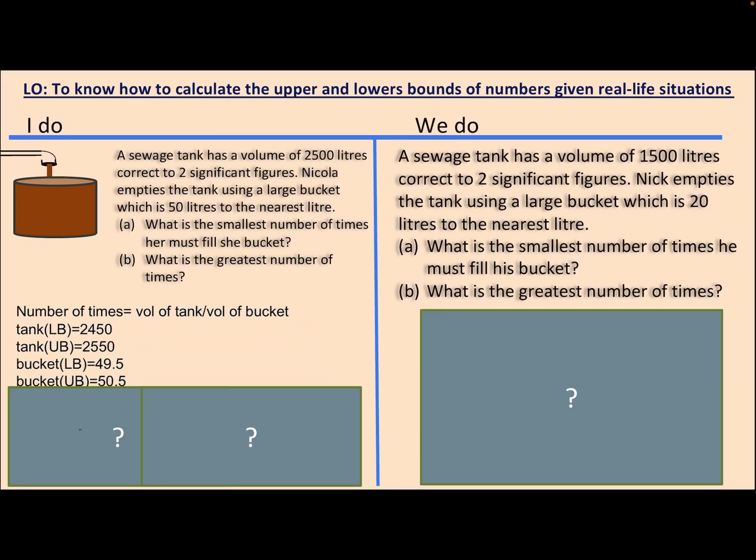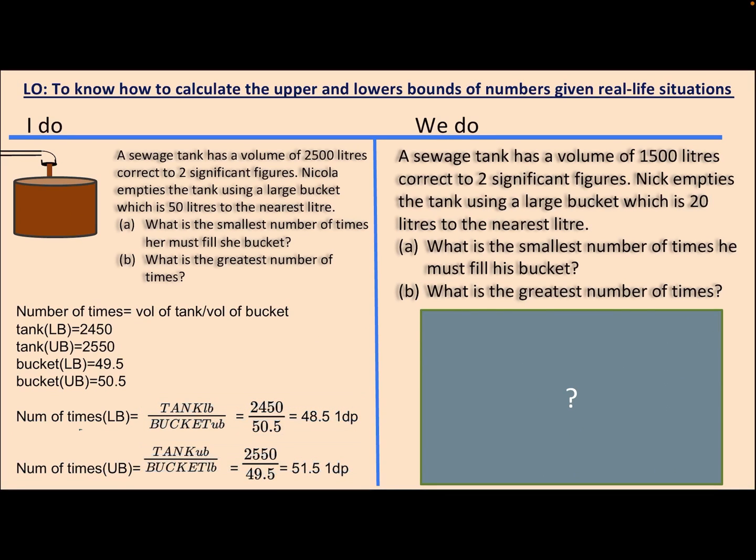Okay, so how many litres there are in the large bucket, and that's going to tell her how many times she needs to do that. So we need to find the right combination. Okay, so to find the right combination, if she's trying to find the lower bound, she's going to use lower bound tank divided by upper bound bucket. And then here are our answers.